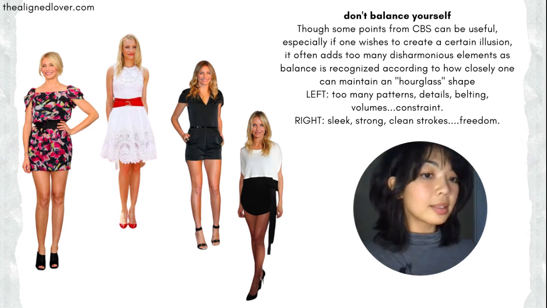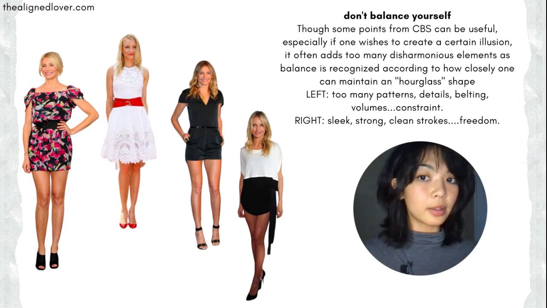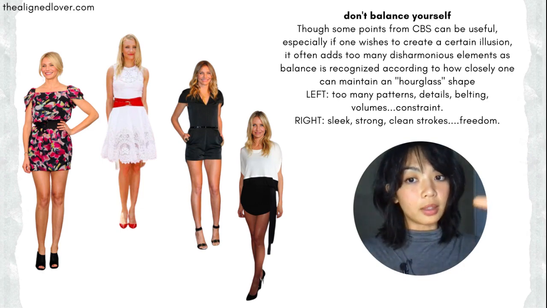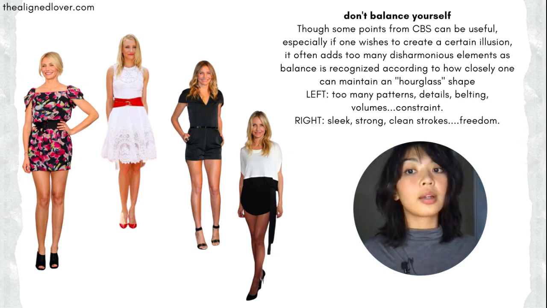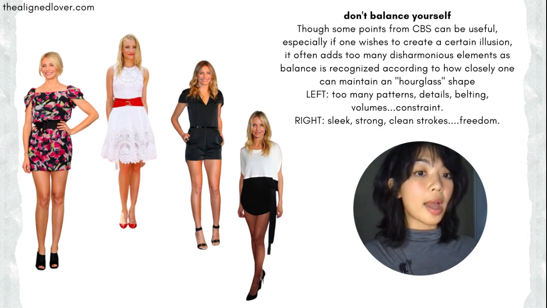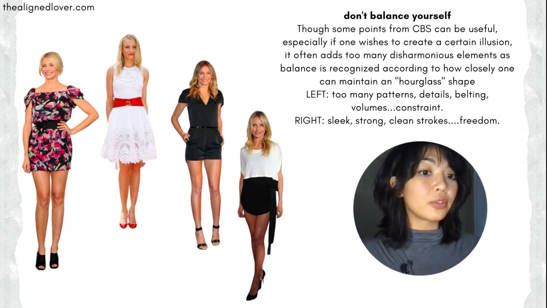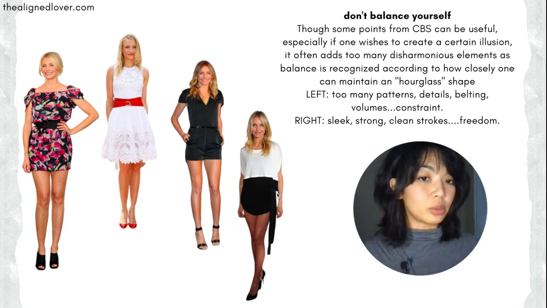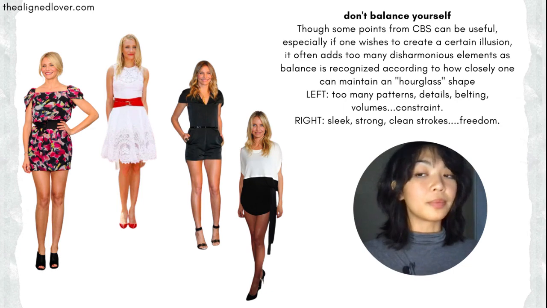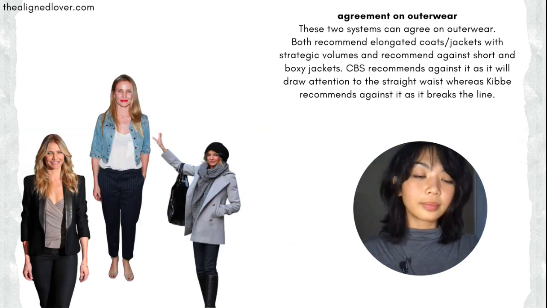Whereas in the Kibbe system, your natural shape is really celebrated, and the recommendations of the Kibbe system seek to show off what you actually have, and that looks much more freeing as opposed to the illusory constraints that one can put upon themselves by superimposing a different shape onto them.